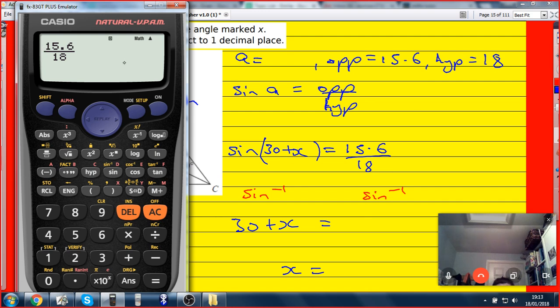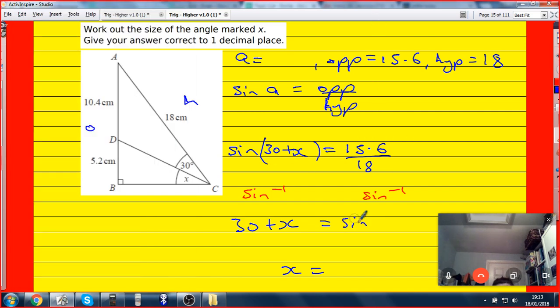Minus 1. Yes, we had 15.6 over 18, and then you did shift sine to the left and right side. So now the right side is shift sine 15.6 over 18.